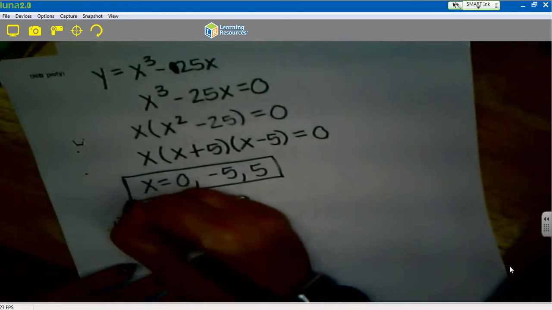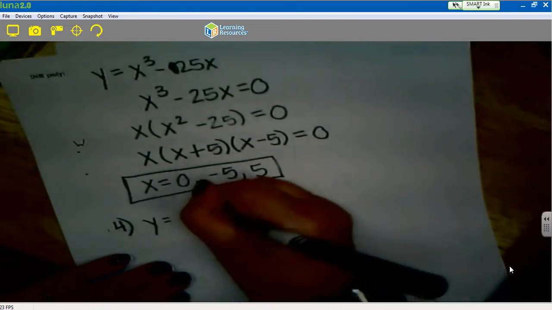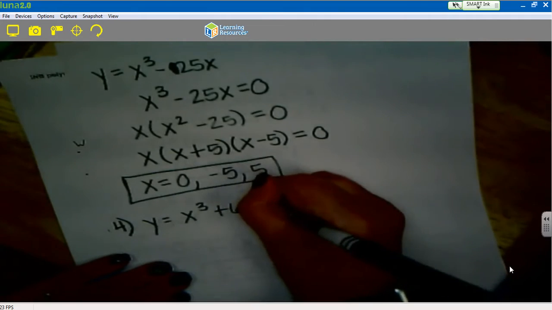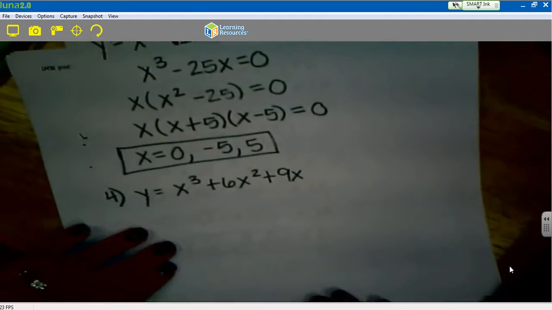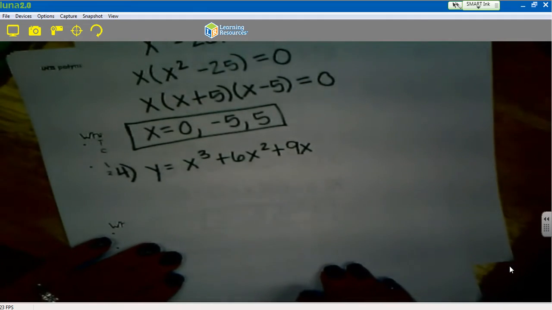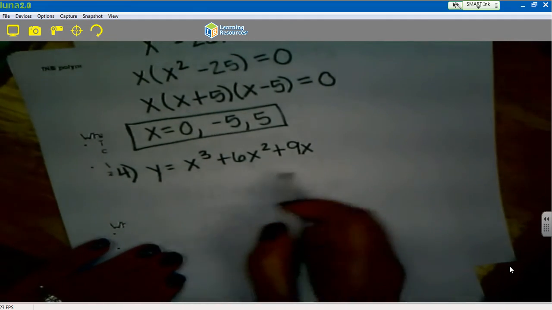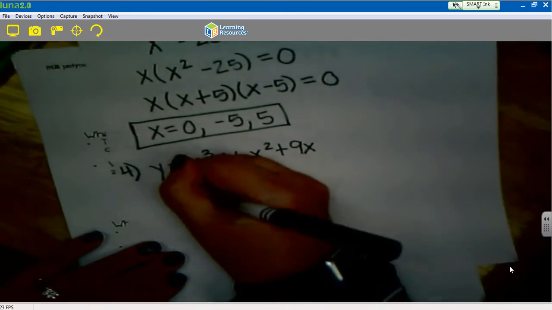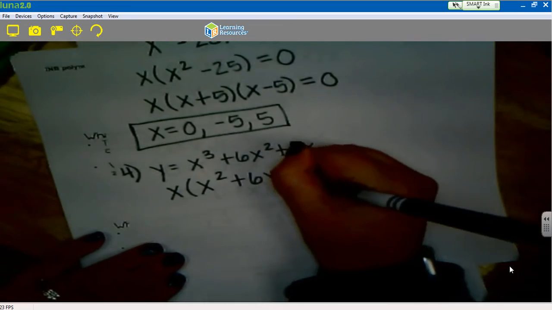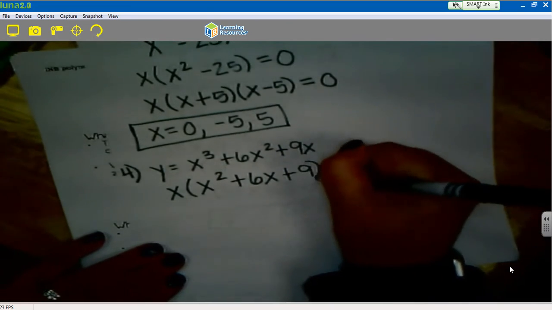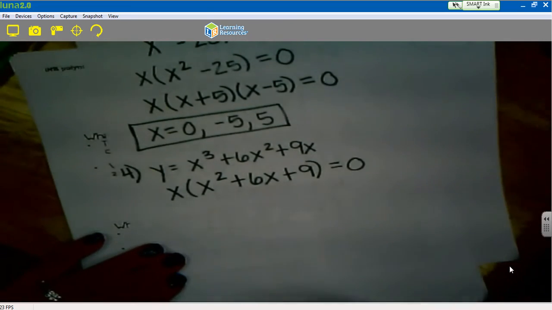And then example 4, we have x to the third plus 6x squared plus 9x. The GCF here is x, leaving us with x squared plus 6x plus 9. I'm going to set that equal to 0.